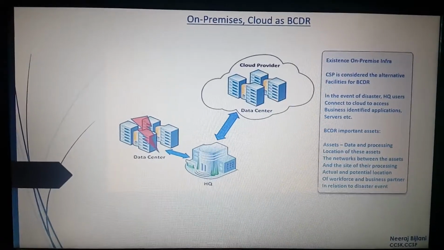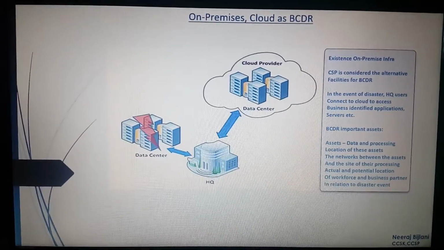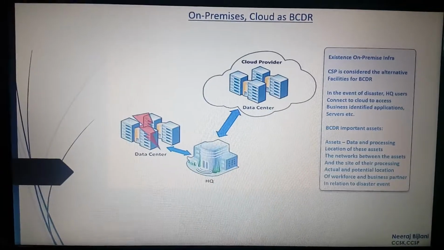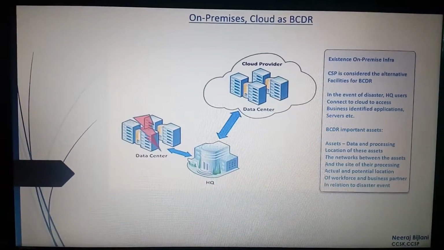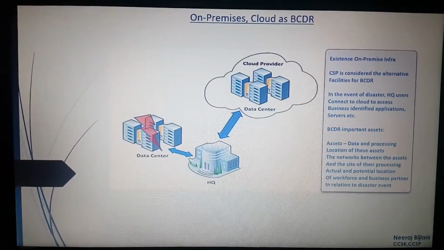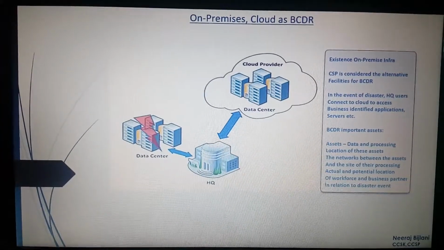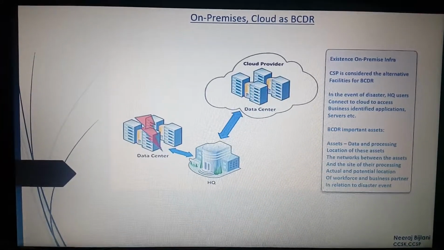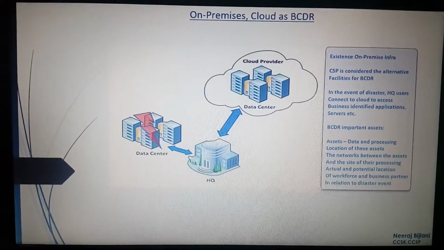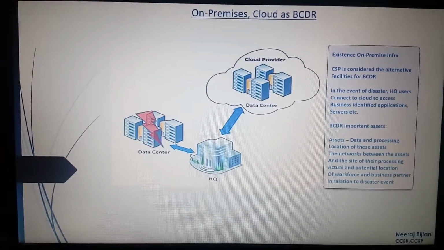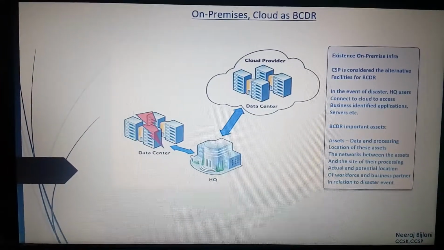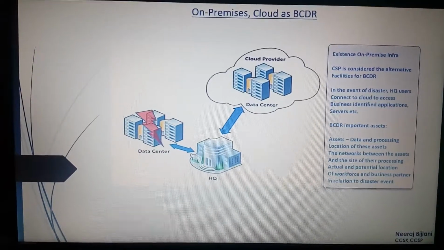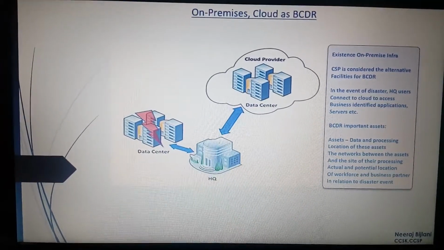If any disaster happens, business needs to run as usual. And disaster recovery is where the business plans what needs to be done immediately after a disaster to recover from that event. So BCDR is very important in the on-premise environment or in the cloud environment.